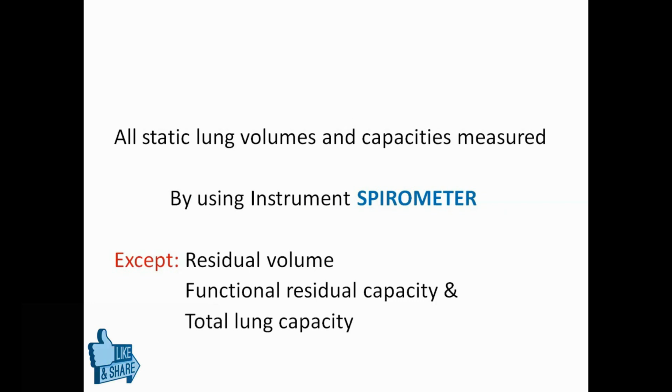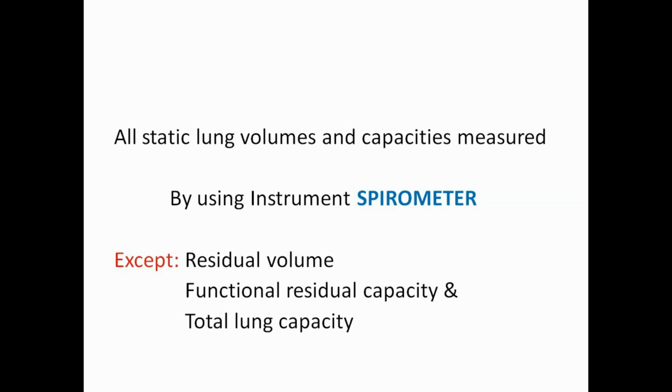Now that we have discussed various lung volumes and various static lung capacities, right? We are saying normal tidal volume is 500 ml, normal inspiratory reserve volume is this much, normal vital capacity is this much. So how are we measuring these various lung volumes and capacities?